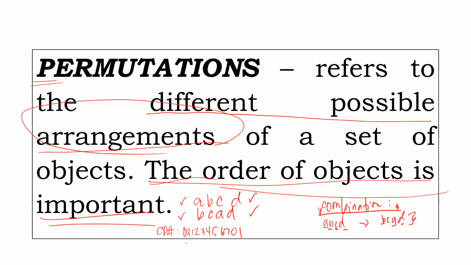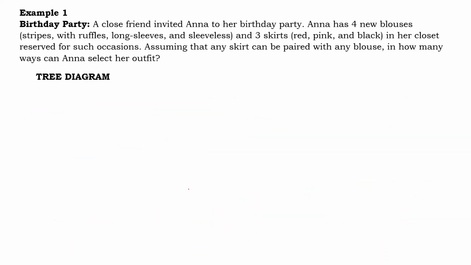This is different sa number na 0, 9, 1, 2, 3, 4, 5, 6, 7, 1, 0. Although they have the same numbers, pero yung last two digits, magkaiba yung arrangement, magkaiba itong CP number. That is an example of permutation.